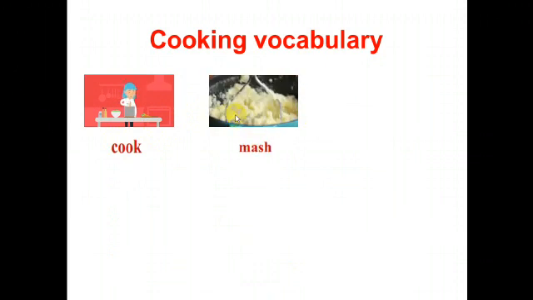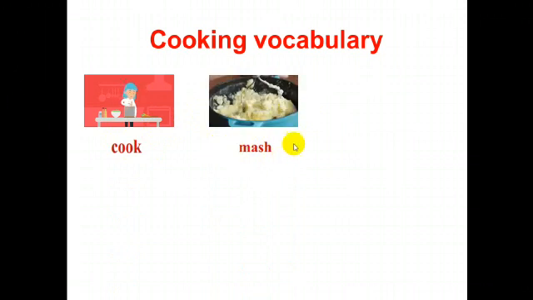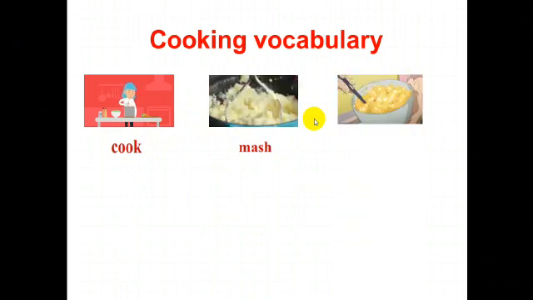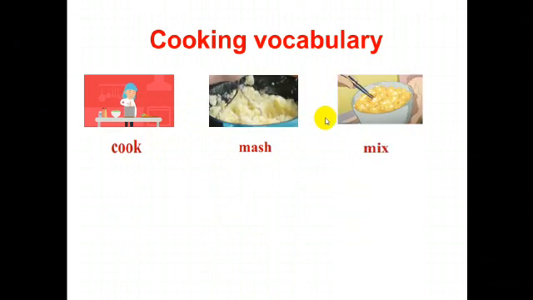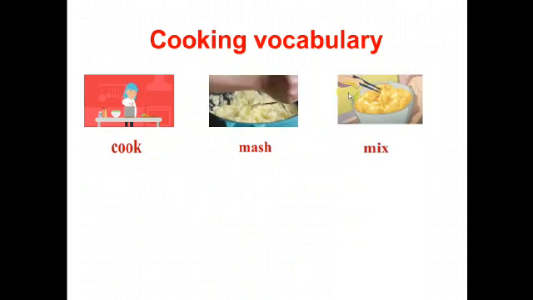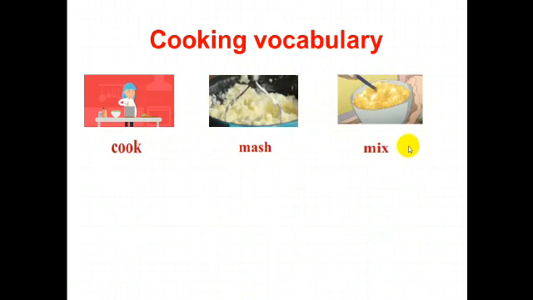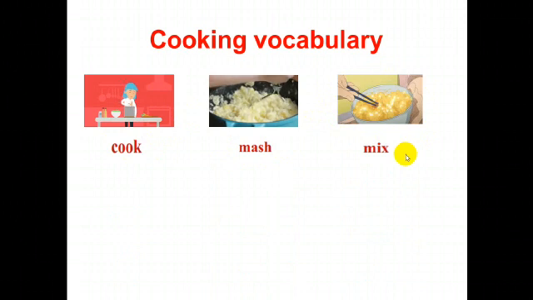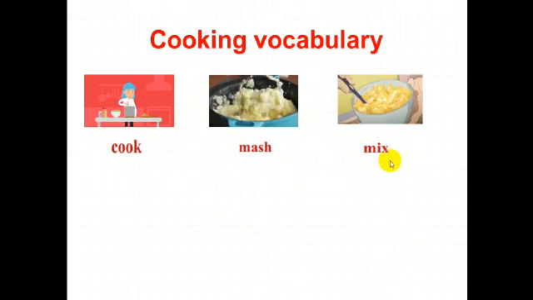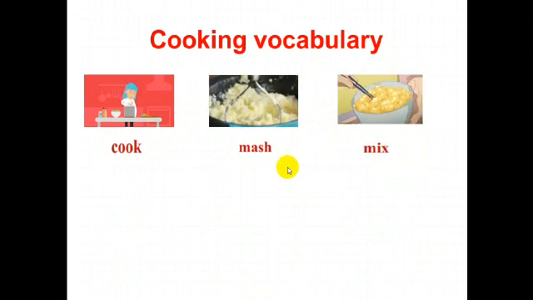What's the meaning of mash? To crush and break up vegetables like potatoes. Yes, mix. She's mixing. What's the meaning of mix? Putting vegetables together. Putting food together. Okay, so we have verbs: cook, mash, and mix.